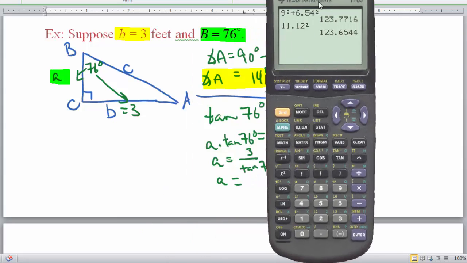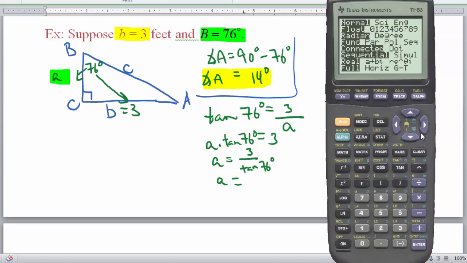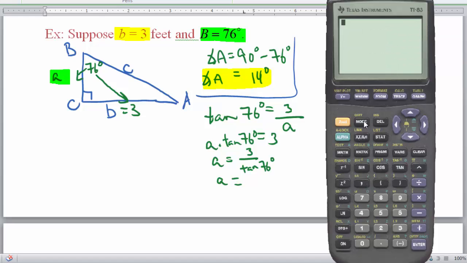So A is going to be approximately, and now we have to switch our calculator to degree mode. So we have 3 divided by the tangent of 76, not 79, 76, which is 0.75 if we round to 2 decimal places.